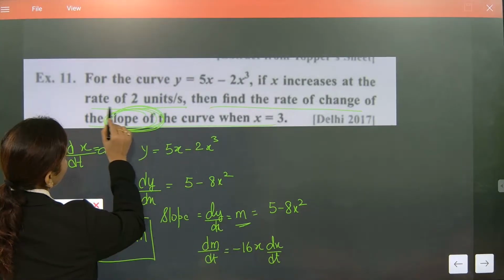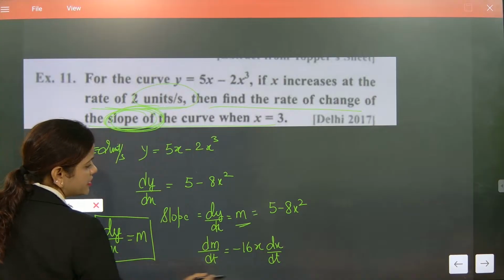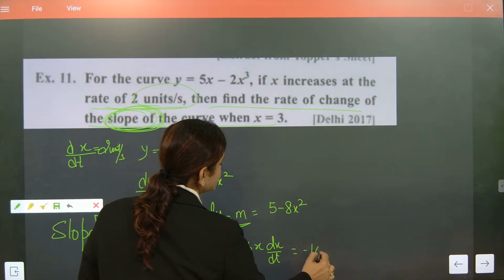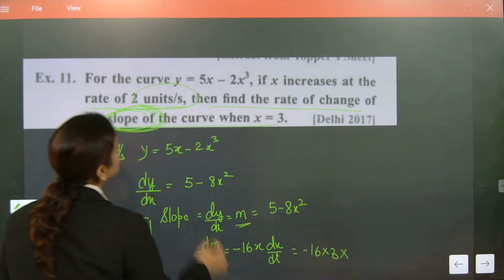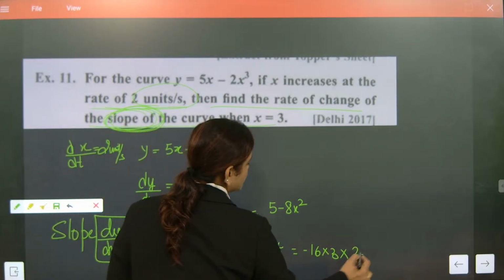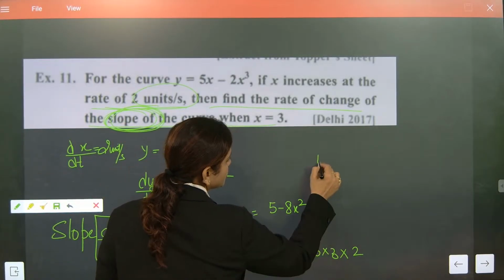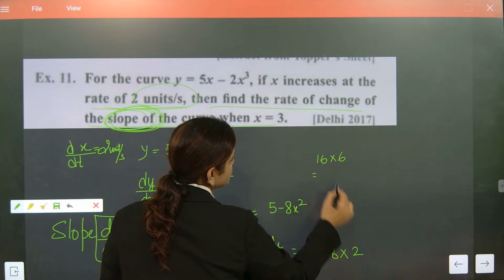Okay. Now they have already given the rate of change. The increment is given as this. So here it is coming minus 6 into x. What is the x value? 3 into 2. So how much is it coming? 6 into 6.